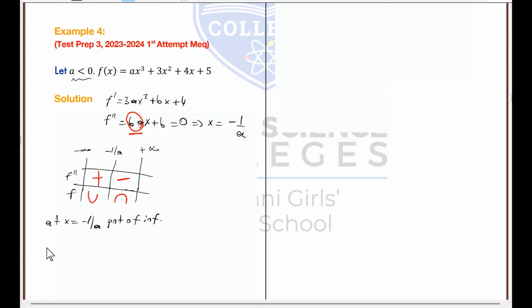And about the concavity, the function is concave down from negative 1 over a to positive infinity, and concave up from negative infinity to negative 1 over a.